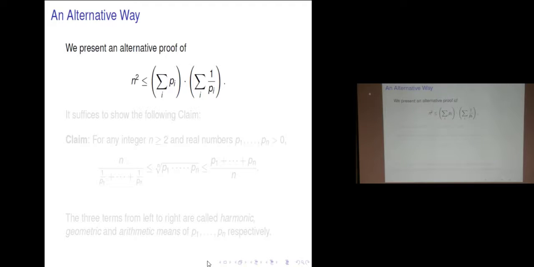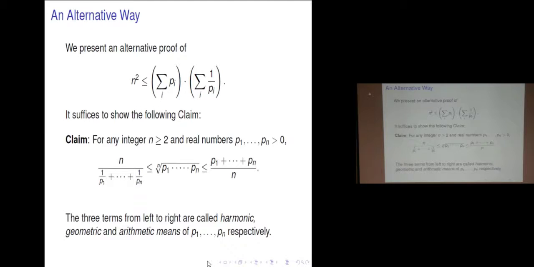Here we can have another way of showing this result. Just now we showed that n squared is less than or equal to the product. Now I want to give you another argument, which is probably more interesting.